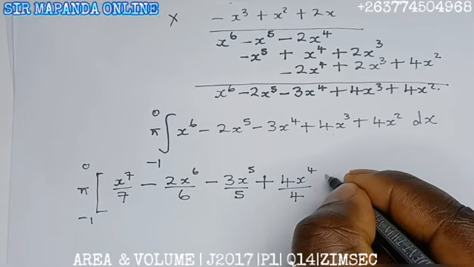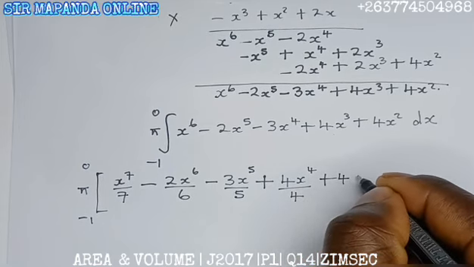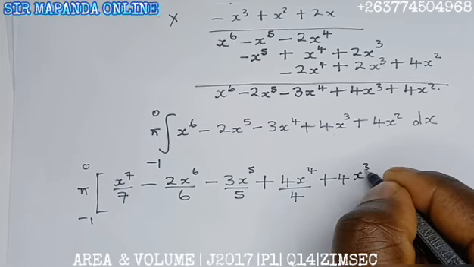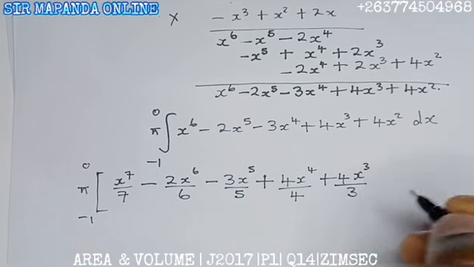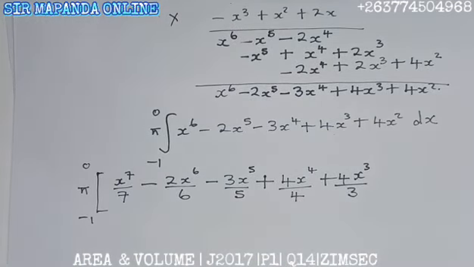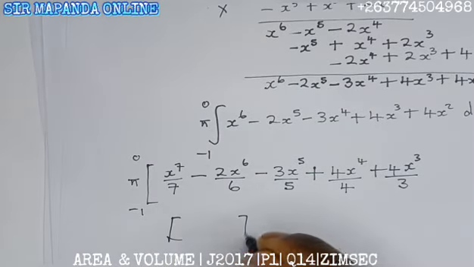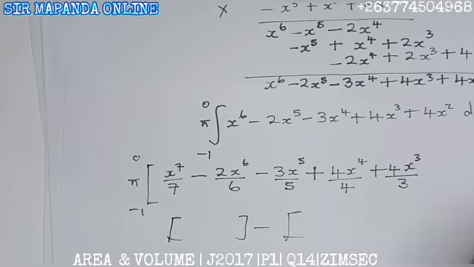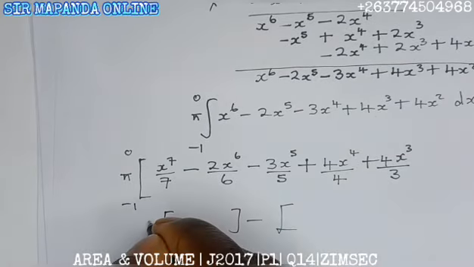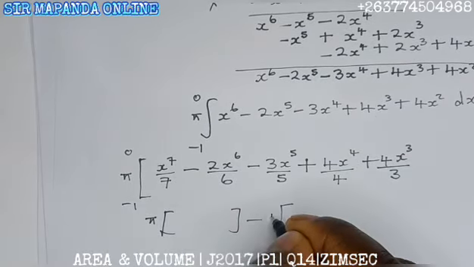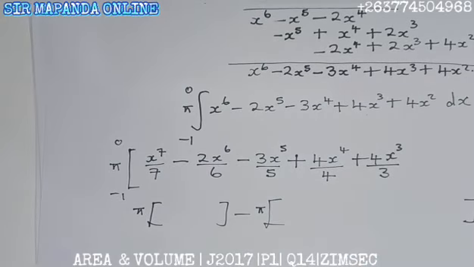Right? Here, you have 4x to the power of 3 divided by 3. Then you are saying bracket minus bracket. So this bracket contains pi and this bracket contains pi as well.